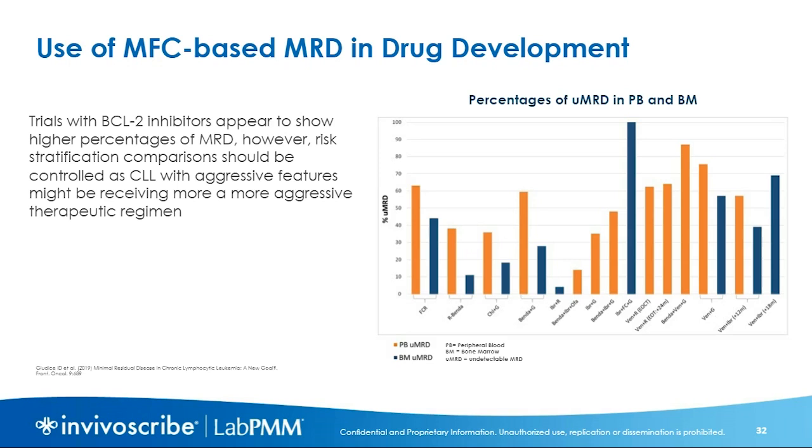Thus, beside a durable disease control, desirable particularly for older patients and those with comorbidities, MRD negative complete remission is becoming a realistic prospect for CLL patients in an attempt to obtain long-lasting eradication and possibly cure of the disease.